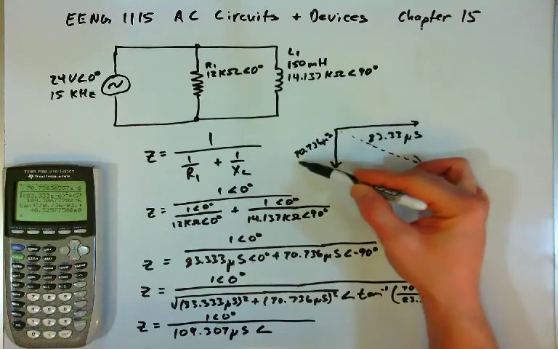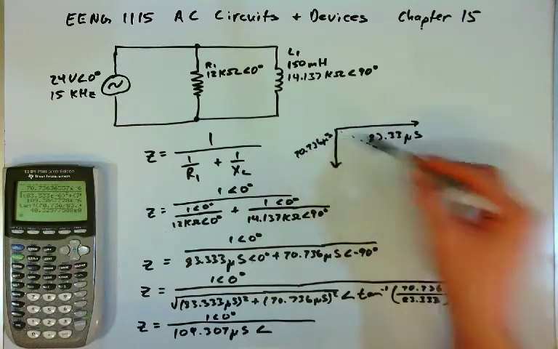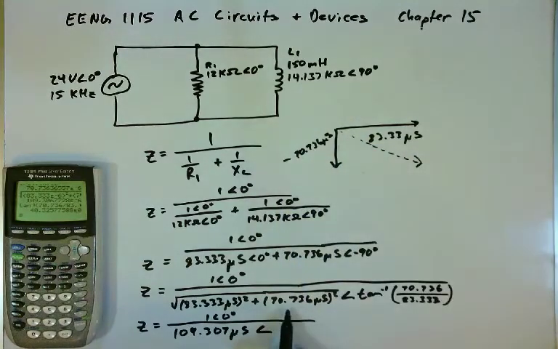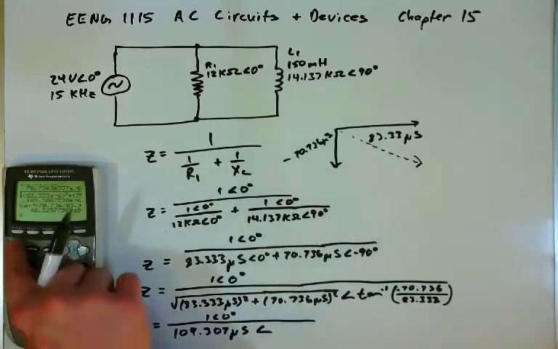Oh, I'm sorry, I made a big mistake. The 70.736 microsiemens is negative because it's down. And if I had not skipped any steps at negative 90 degrees, if I had converted this to xy coordinates using the cosine and the sine of the angle times the magnitude, I would have seen that this would have come out to be a negative number. And so let me try that again.